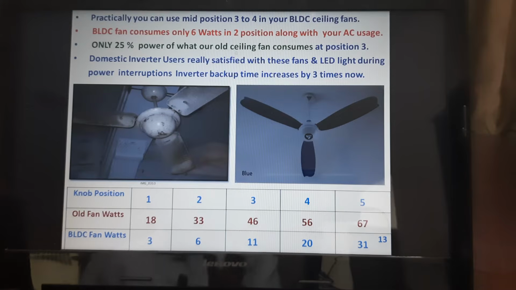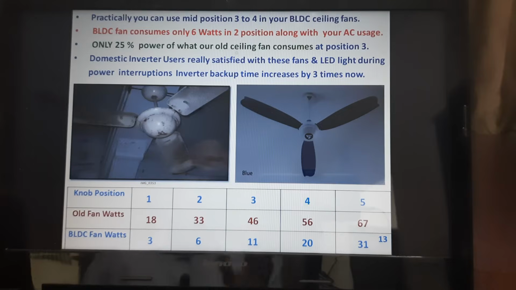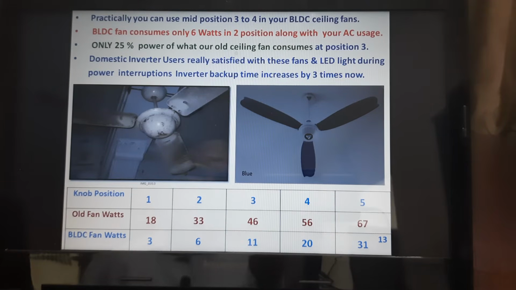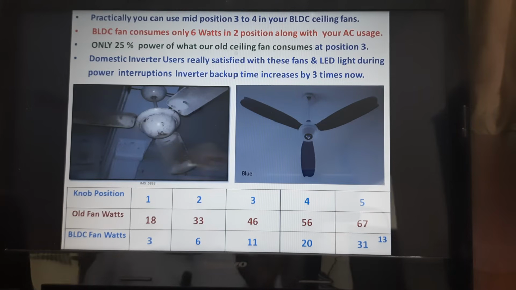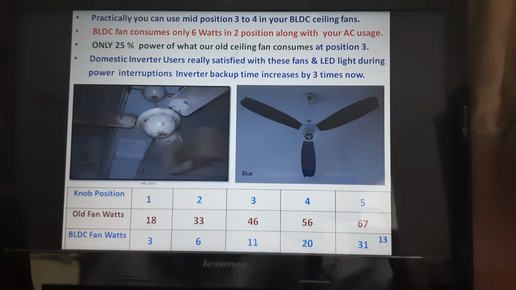Compared to the conventional fan, it is saving almost 50%. But what we are more interested in with this BLDC fan is that it gives a mild air breeze that is very comforting for humans, especially when you are using a split AC. Apart from the split AC, this retrofit facilitates you to achieve that 20 to 30% energy savings in your air conditioner as such.